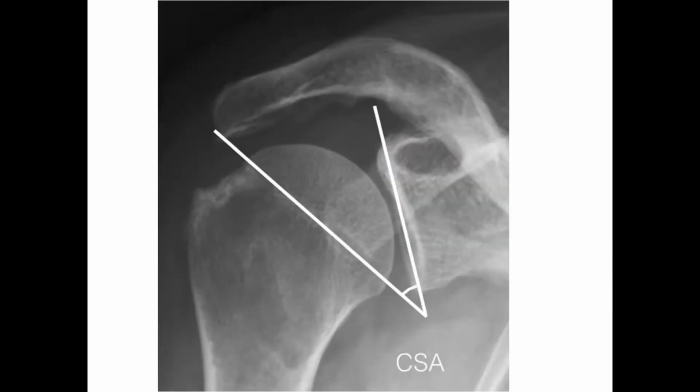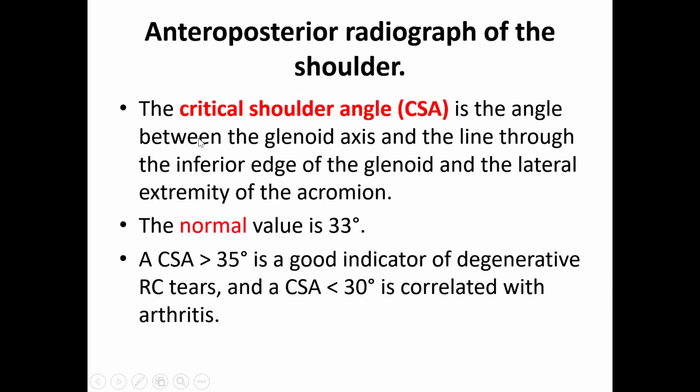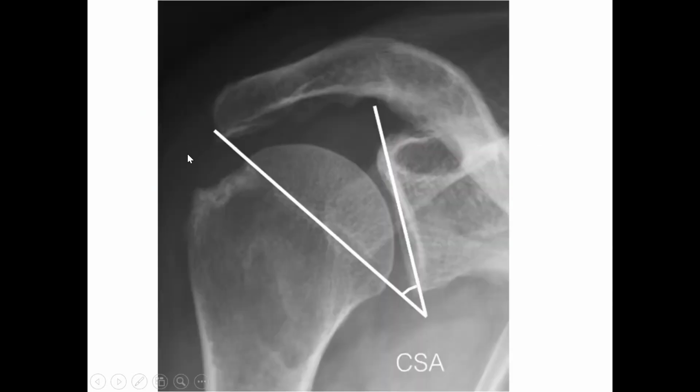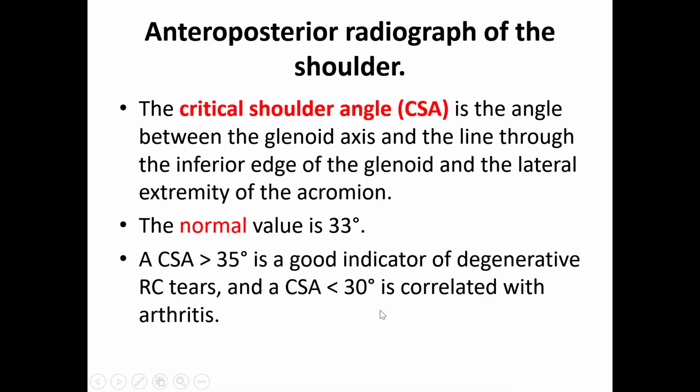We can see here, this is the glenoid axis, and then another line is drawn from the inferior glenoid to the lateral part of the acromion. The angle made between this line and the glenoid axis is called the critical shoulder angle.